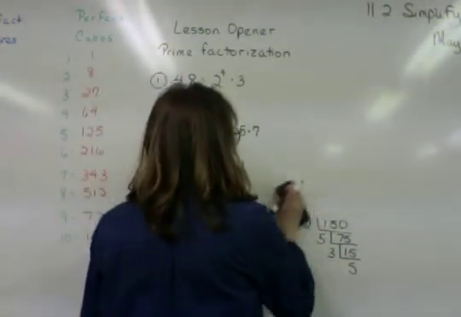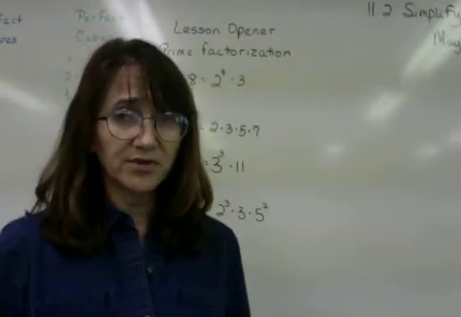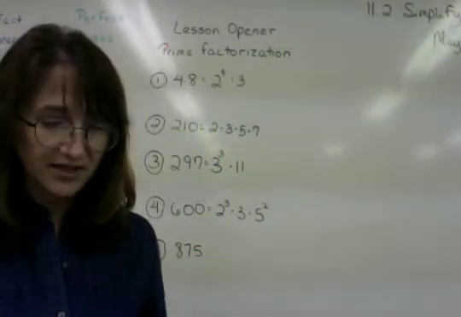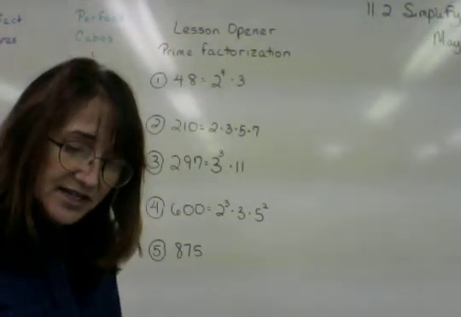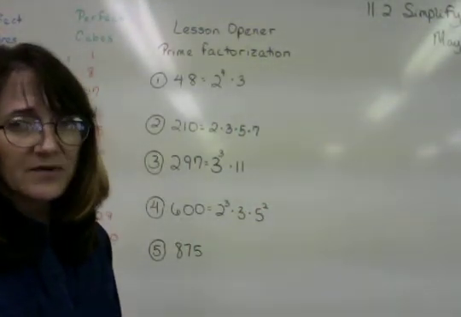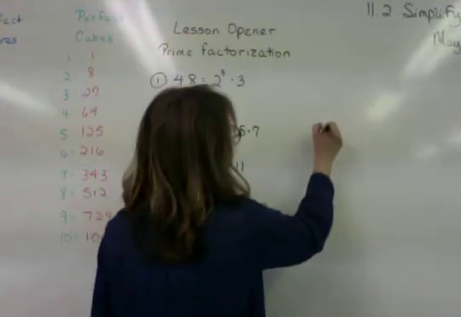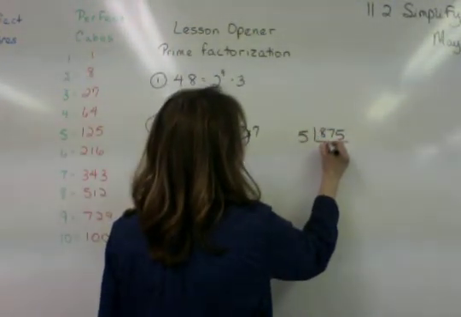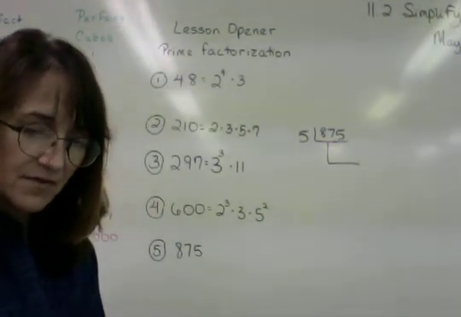Because guys, this is what you're doing. You're taking your numbers and you're doing prime factorization with them, and then we're going to remove those from the radical sign. So one last number, just so we can look at it. We have 875. Right off the bat, 875 ends in a 5, so that shouldn't be that difficult, right? I'm going to divide that by 5. And once again, I'm going to check my math.